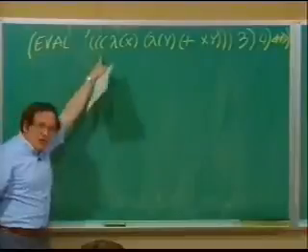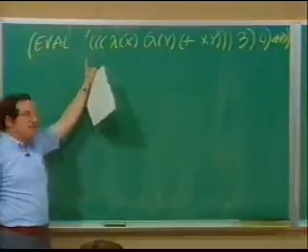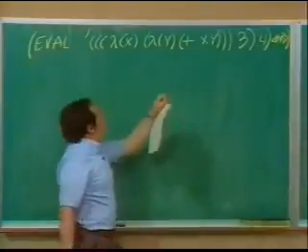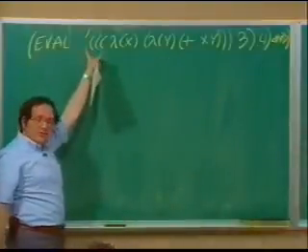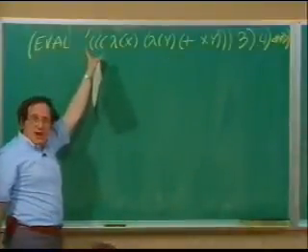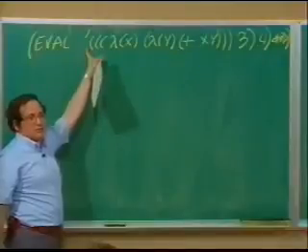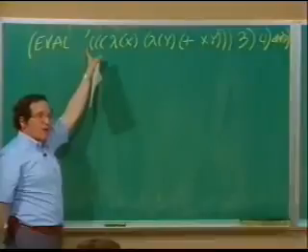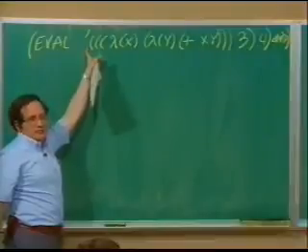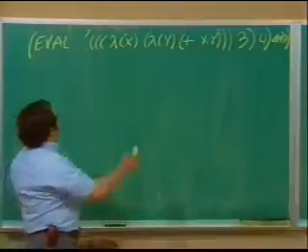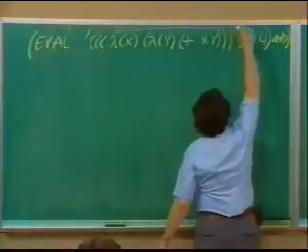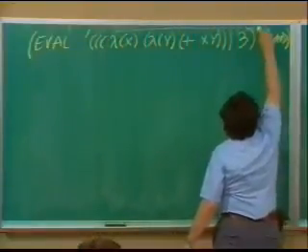This just says it's this particular expression. It's not a thing that begins with lambda. It's not a thing that begins with cond. Therefore, it's an application of an operator to operands. It's a combination. The combination thus has this as the operator, and this is the operands.